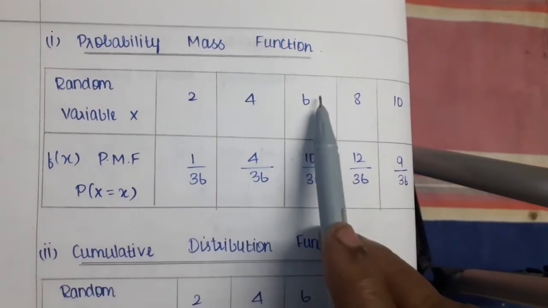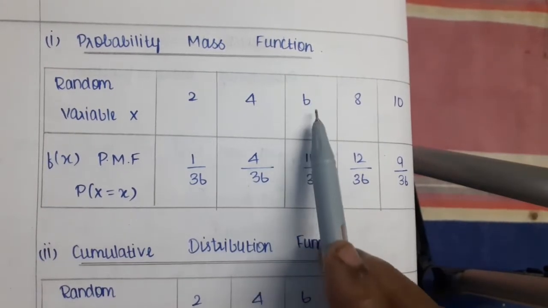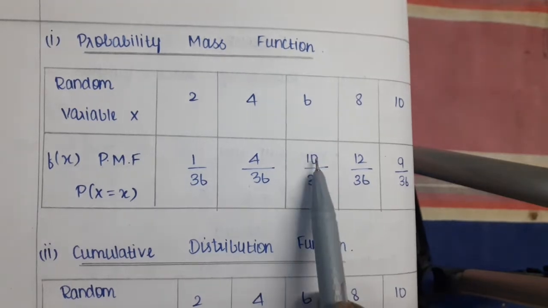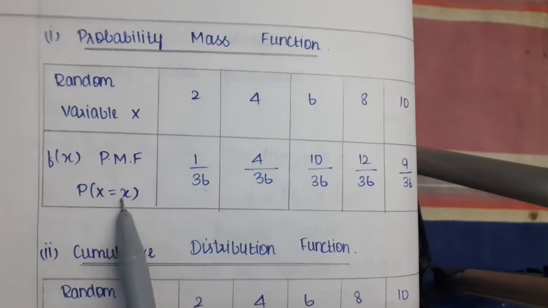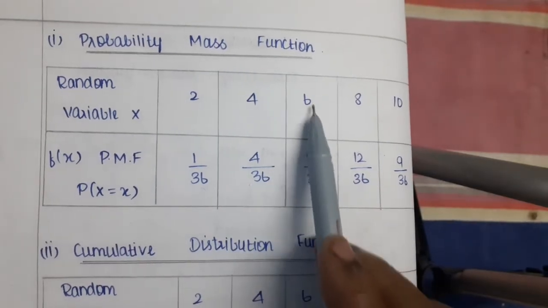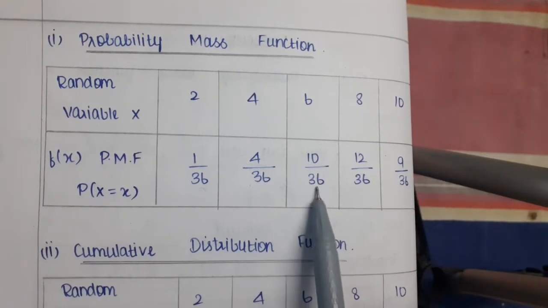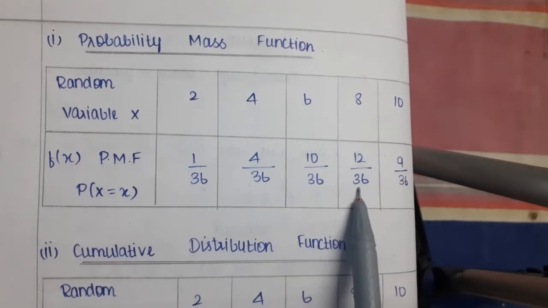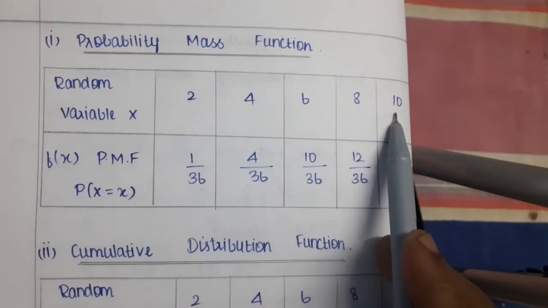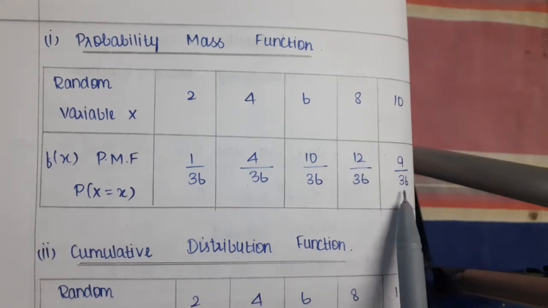For X equal to 6, how many chances for the probability mass function, that is probability of capital X equals small x? 10 chances, 10 by 36. For X equal to 8, 12 chances, 12 by 36. For X equal to 10, the number of chances is 9 by 36.